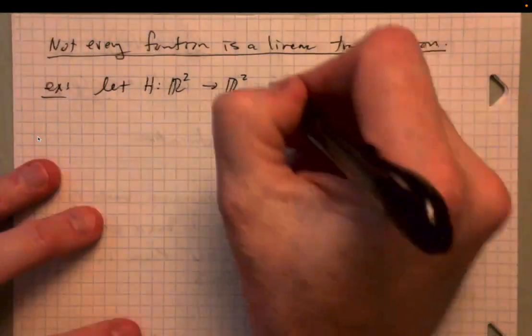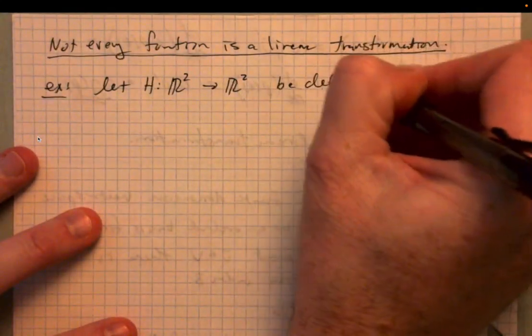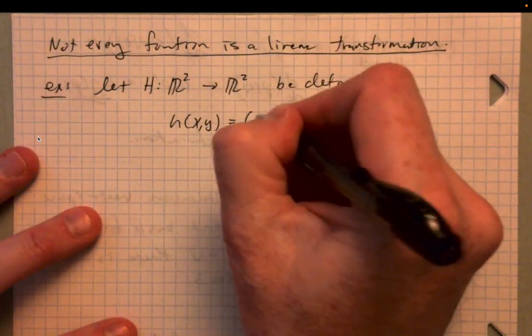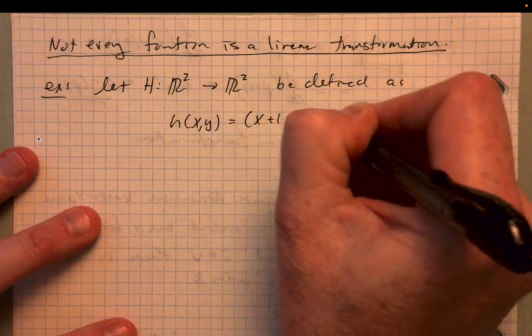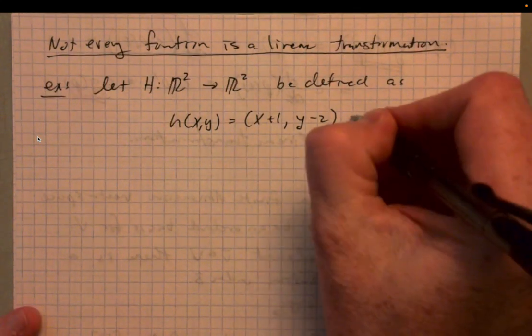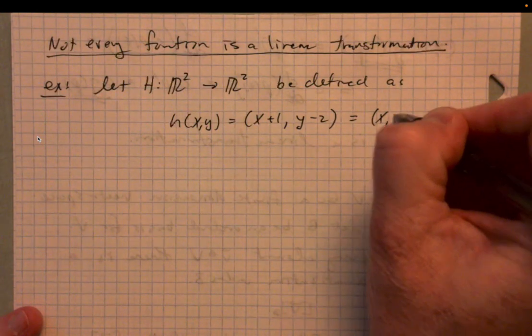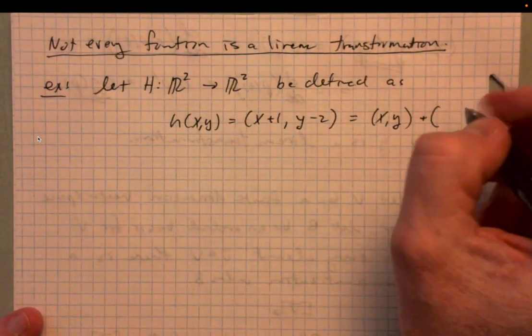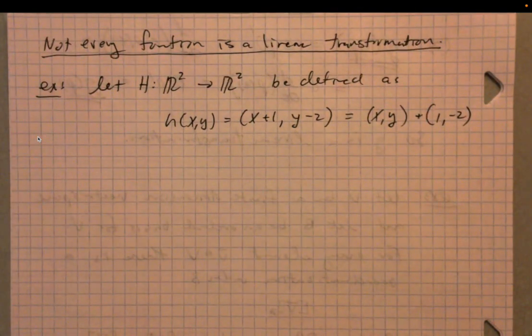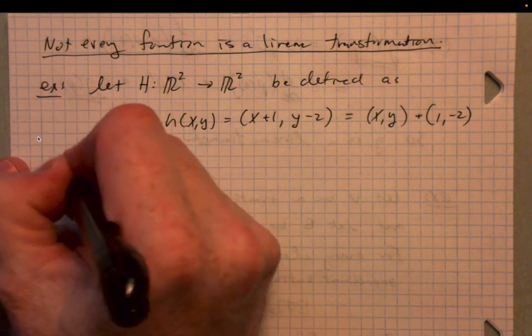And let's define it as h of (x, y) is equal to (x plus 1, y minus 2). It's a seemingly straightforward function here, right? So this basically means you're going to take (x, y), whatever it is, and you're just going to add (1, negative 2) to it. So it's the same thing, right? Add 1 to the x component, add negative 2 to the y component. And if we were to try to prove that this is a linear transformation, we would run into trouble. It's very easy to find a counterexample.